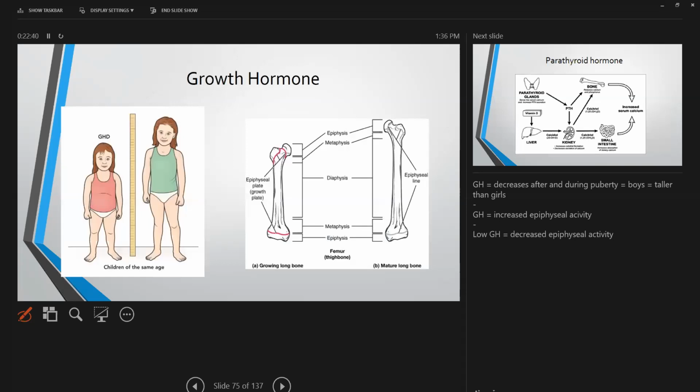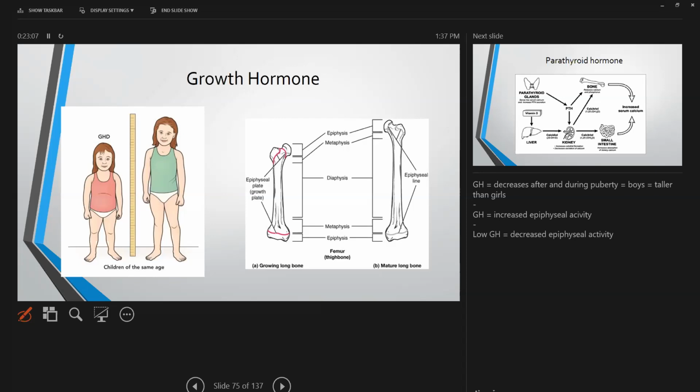So growth hormone, what does growth hormone do? Well, growth hormone triggers us to grow, just as the hormone name would say. And what it's going to do is increase the growth of long bone. And also, as the body produces more and more growth hormone, we see closure of the epiphyseal plate.